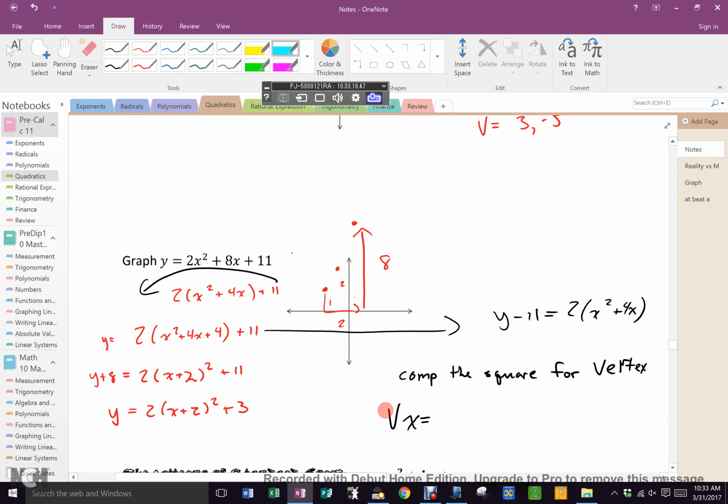And this is what I want you to remember. Vertex x equals negative b over 2a. And just let me check.